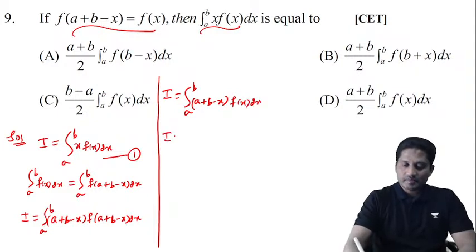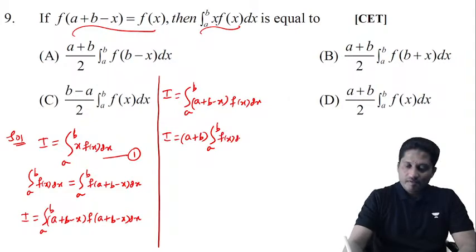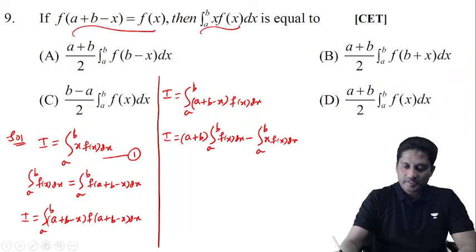If I separate them, I is equal to a plus b is out, integration of a to b f of x dx minus integration of a to b x into f x dx. This is same as I from equation 1.